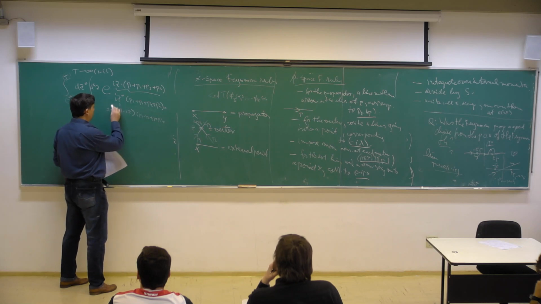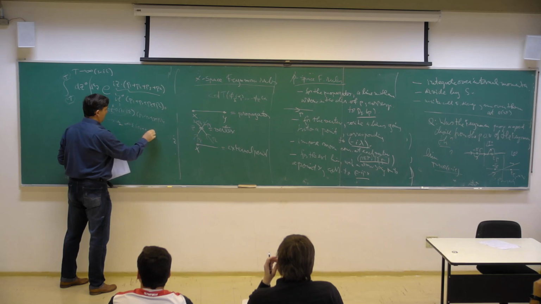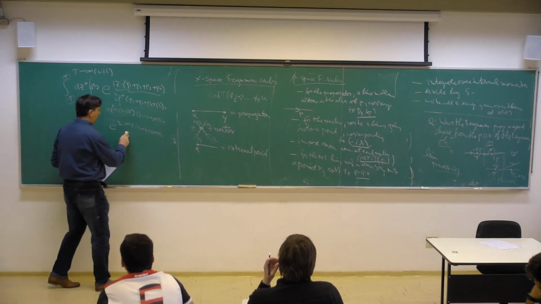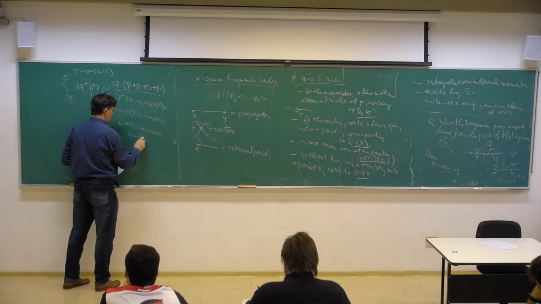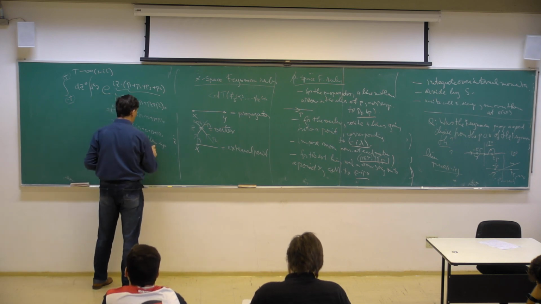And then this I times minus I gives plus. So this will give a term plus or minus infinity epsilon times P1 plus P2 plus P3 plus P4 zero. Okay? So this would blow up somewhere.